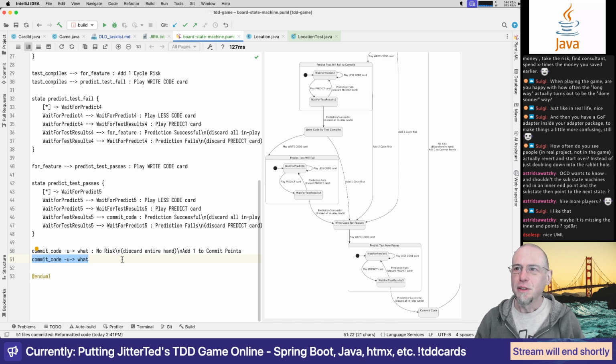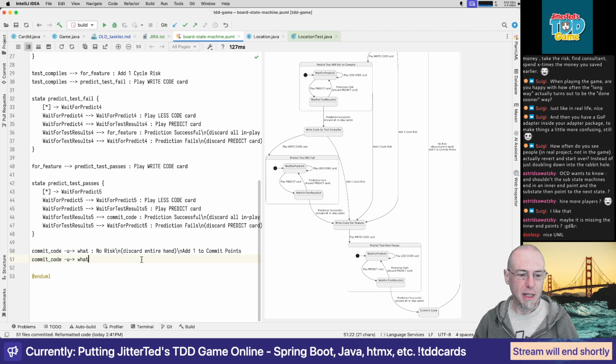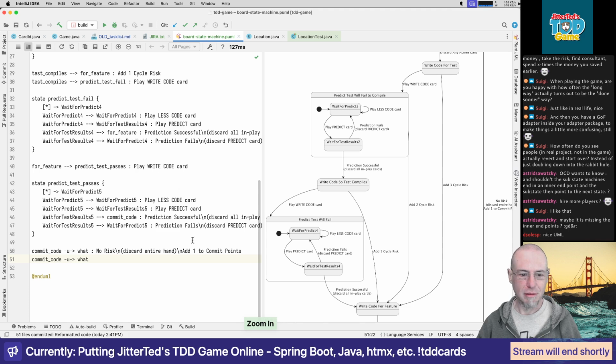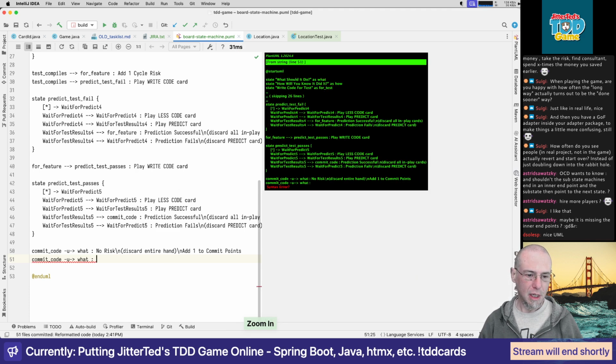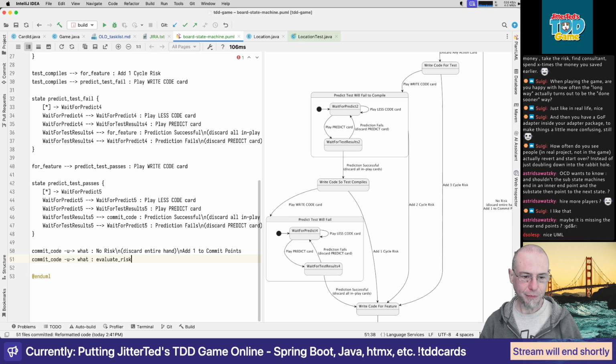Hey, D Sol SP. Yes, this is PlantUML. So I'm describing the state machine diagram using text instead of trying to draw stuff by hand. So there is an evaluate risk substate.